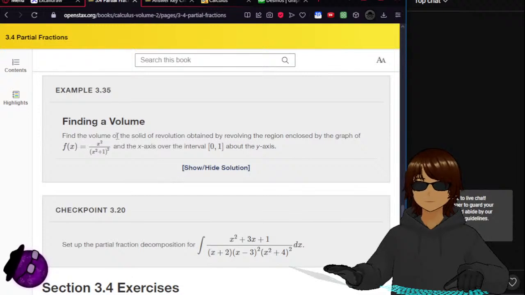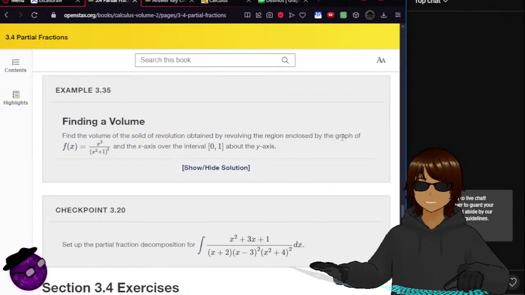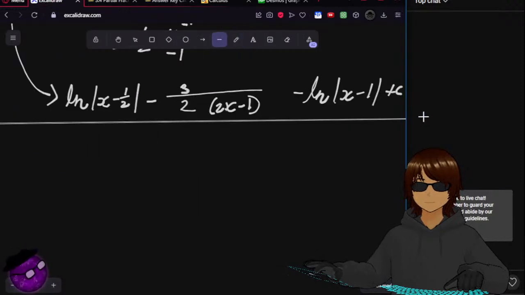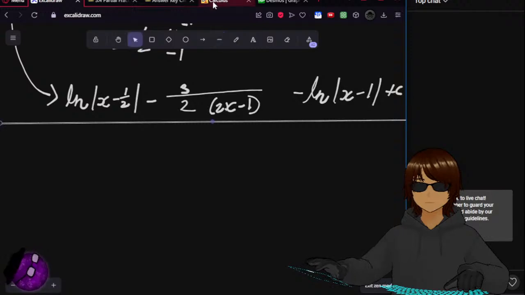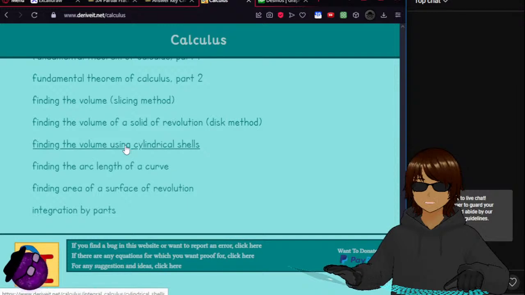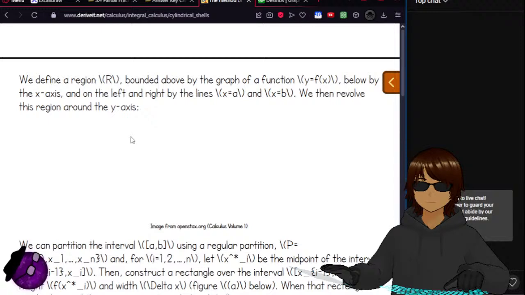Find the volume of the solid of revolution obtained by revolving the region enclosed by the graph of this and the x-axis over the interval 0, 1 about the y-axis. So you use the cylindrical shells method, right?